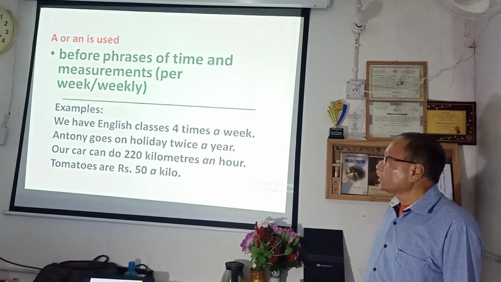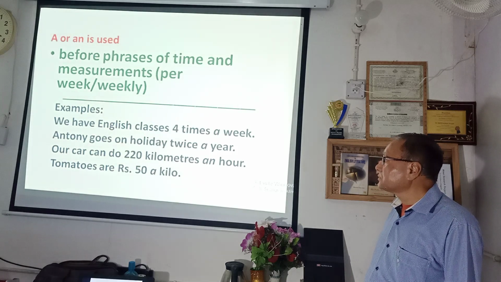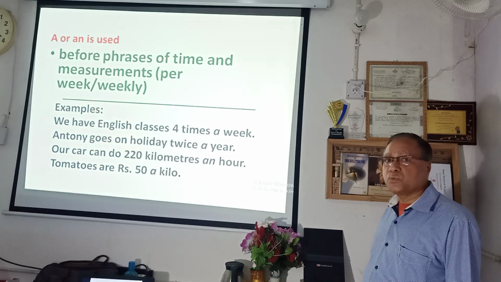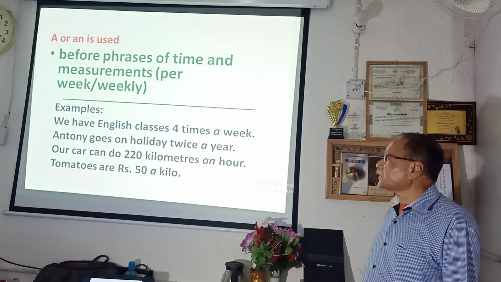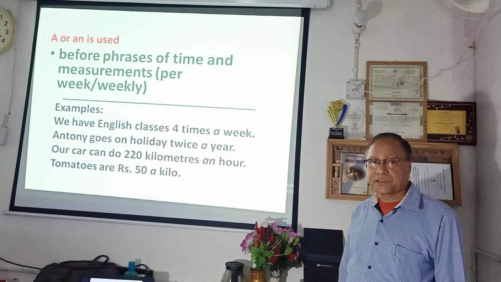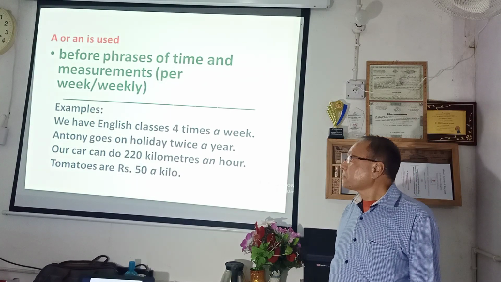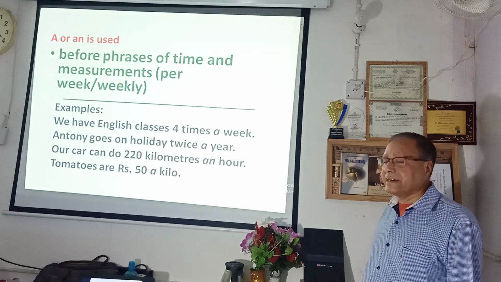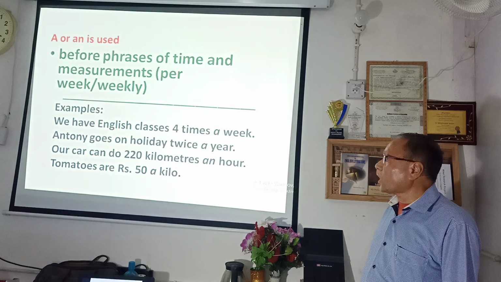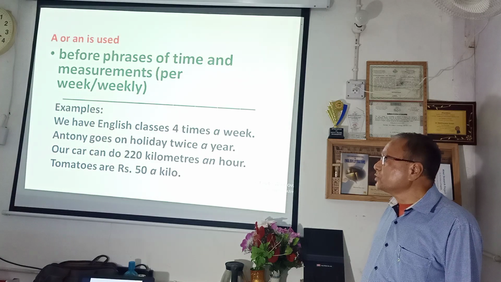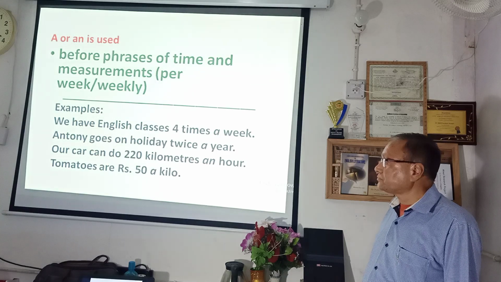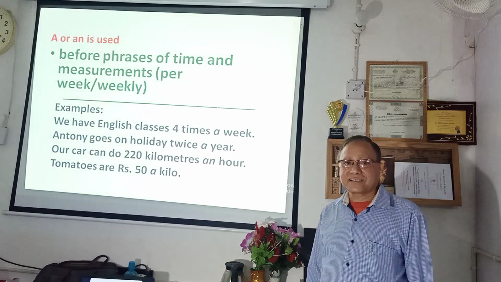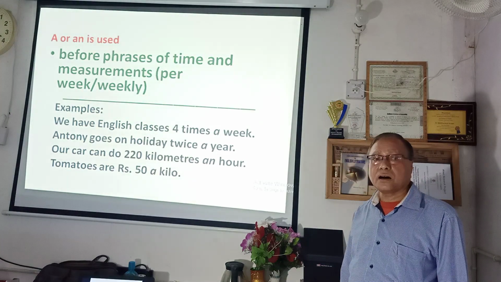Examples, we have English classes 4 times a week. A week, per week, weekly. Anthony goes on holiday twice a year. Our car can do 220 kilometers an hour. Tomatoes are rupees 50 a kilo.